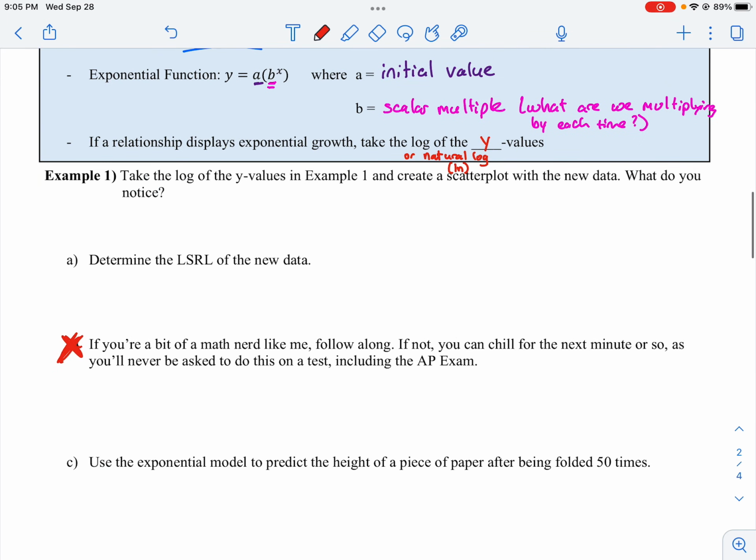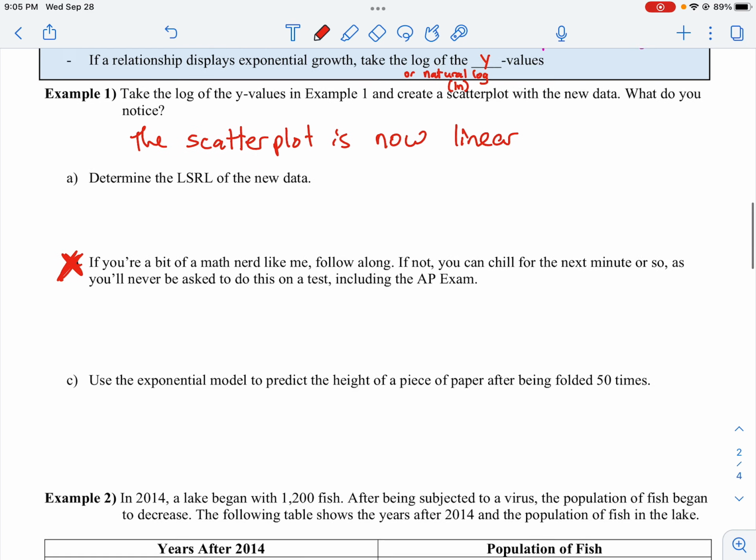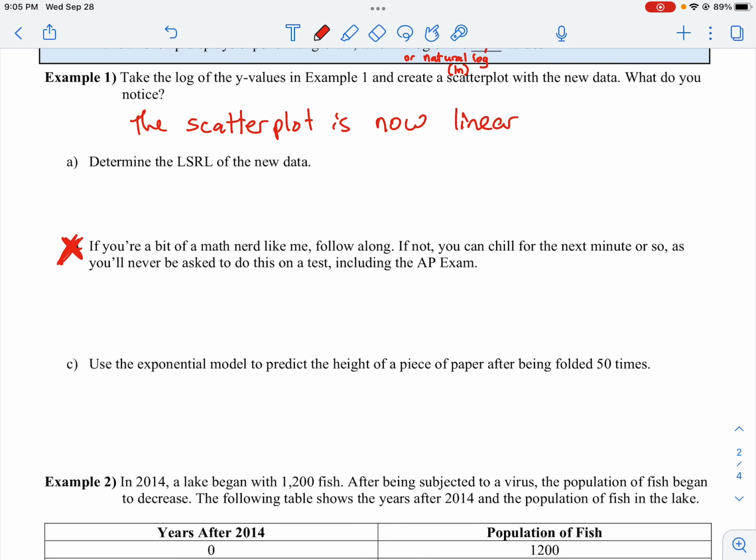Okay, so how do we answer this? We created a scatter plot. What do we notice? The scatter plot is now linear. Now, it says to determine the least squares regression line of the new data.